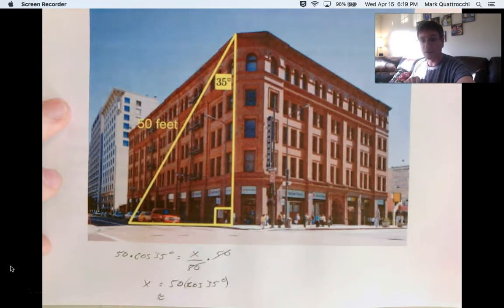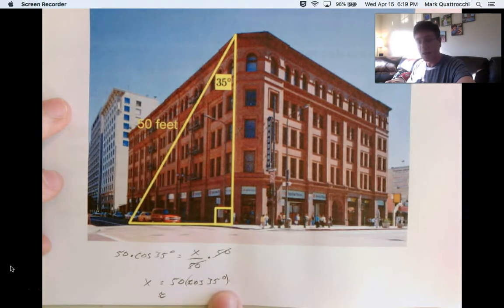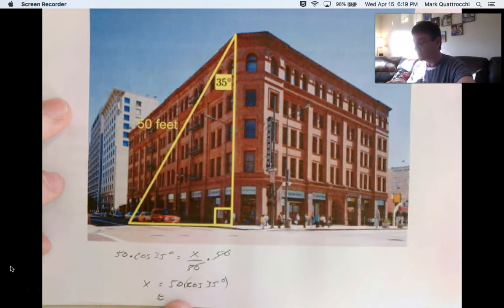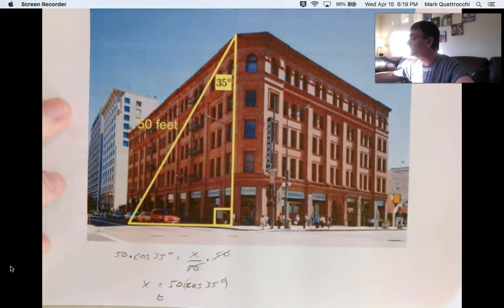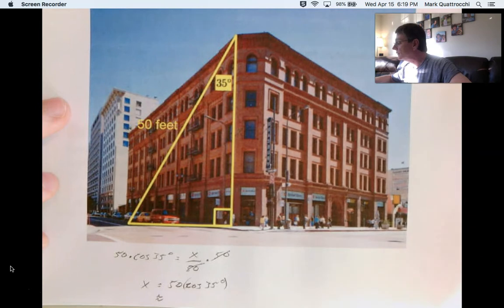Now, different calculators work differently. Some calculators you're going to type this in as is, 50 cosine 35, enter. Some calculators you're going to type 50, 35, hit the cosine button, then hit equals. You need to know how your calculator works. You need to know which order to type it into. How are you going to find out? Well, because you're going to get this answer, 50 times cosine 35.